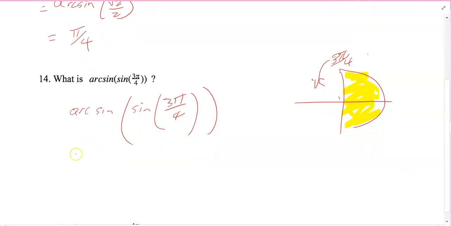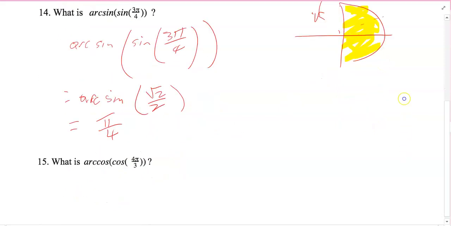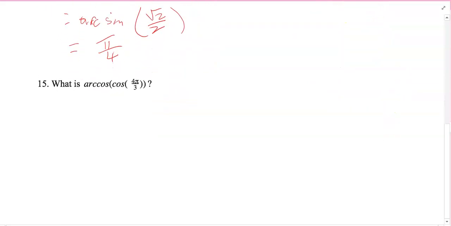It's going to be equal to the arcsine of radical 2 over 2, and this is going to be equal to pi over 4, right? Because pi over 4 is the answer that lives in the required area.